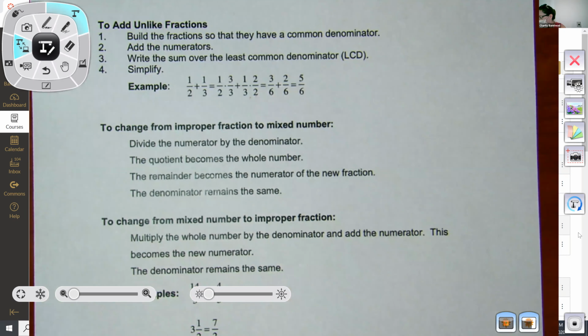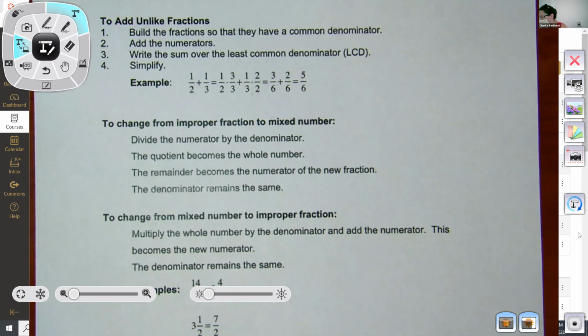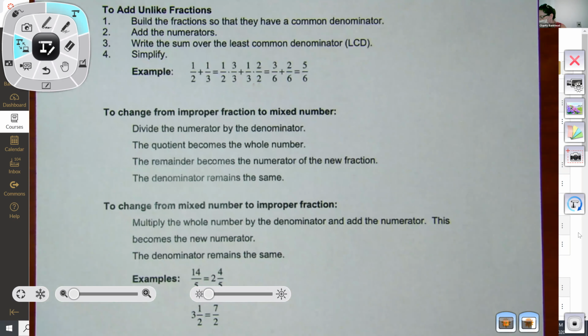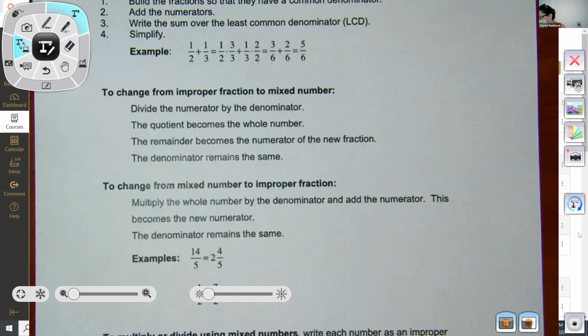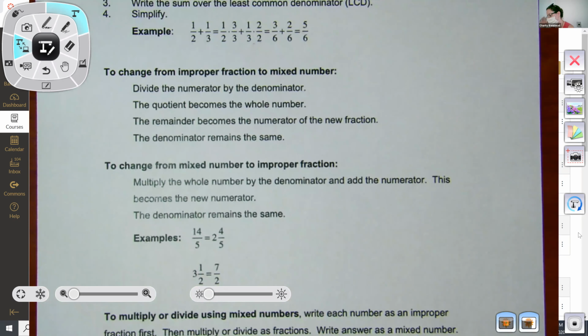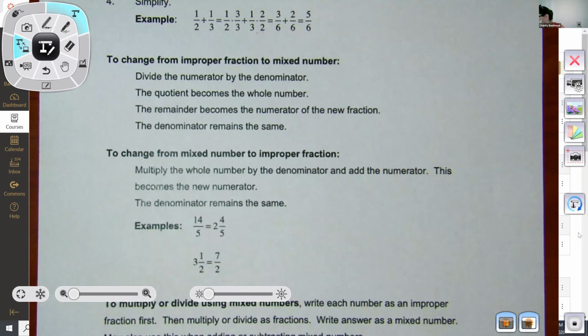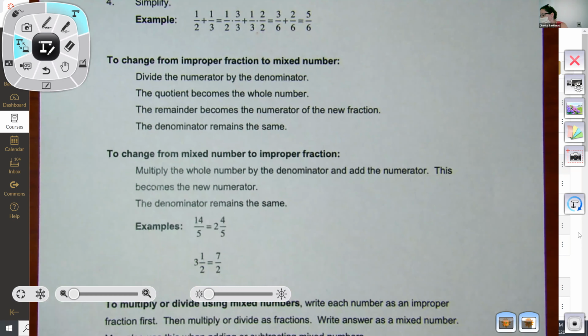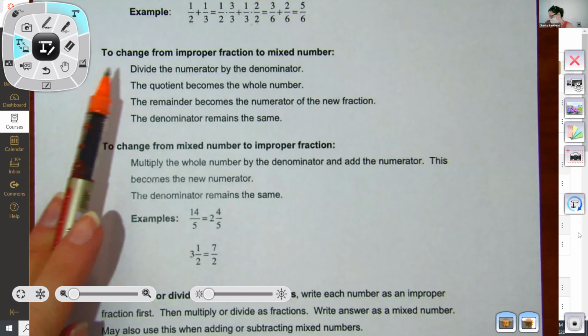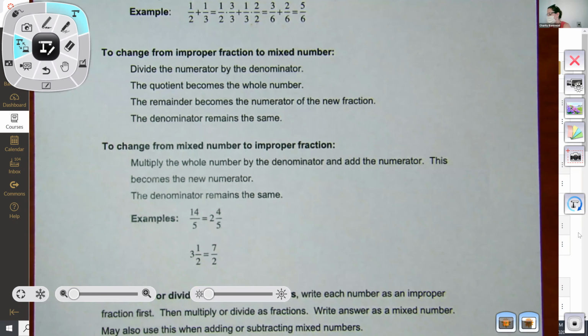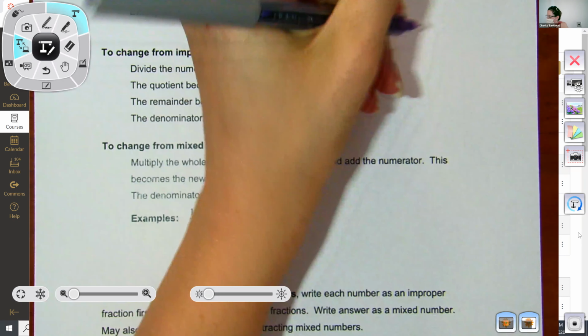All right. And then to change from an improper fraction to a mixed number, they didn't put an example in here, but I'll just do an example then. Let's say you have 9 over 7.